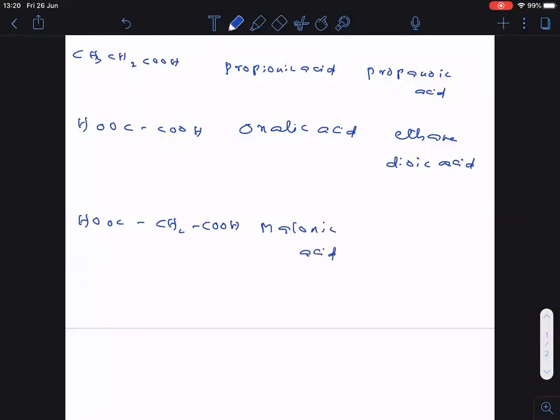And coming to the IUPAC name, 3 carbons are there, therefore it is propanedioic acid.